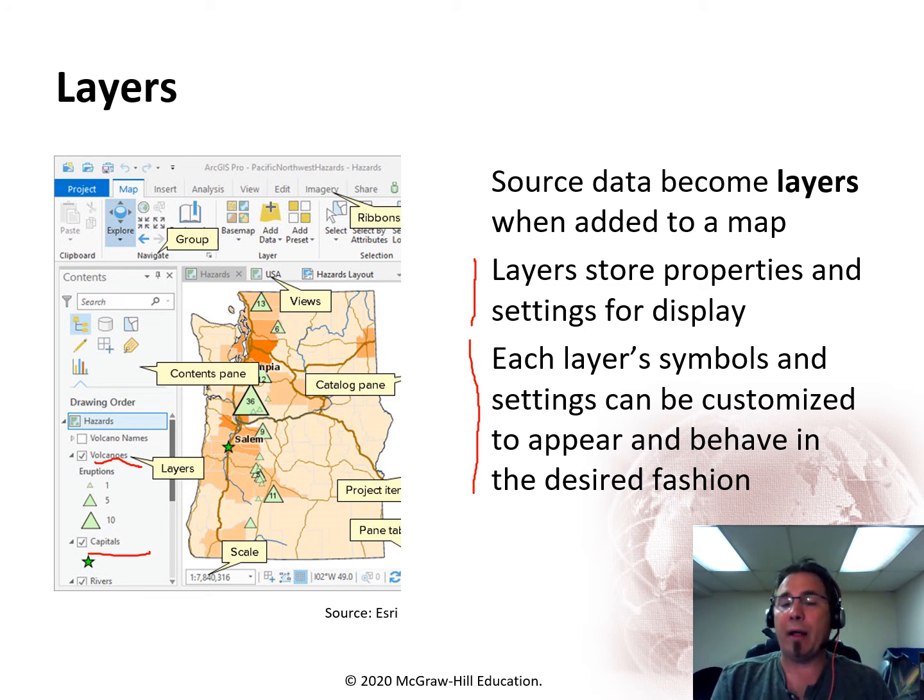Certain colors work better for certain things. If you're dealing with precipitation, you'll probably want to use blues, right? If you're dealing with vegetation, maybe greens. That's sort of a common sense thing. We'll get into that later in the semester. But just know that you have full control over how each type of layer is symbolized in terms of colors, thicknesses, hues, all of that.